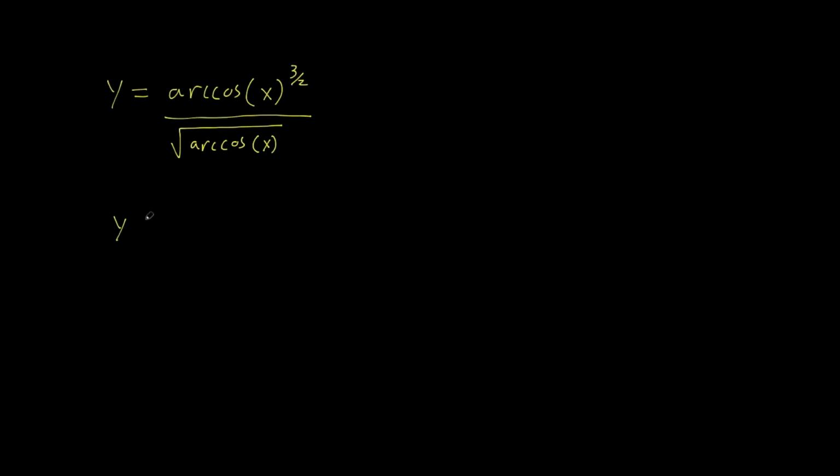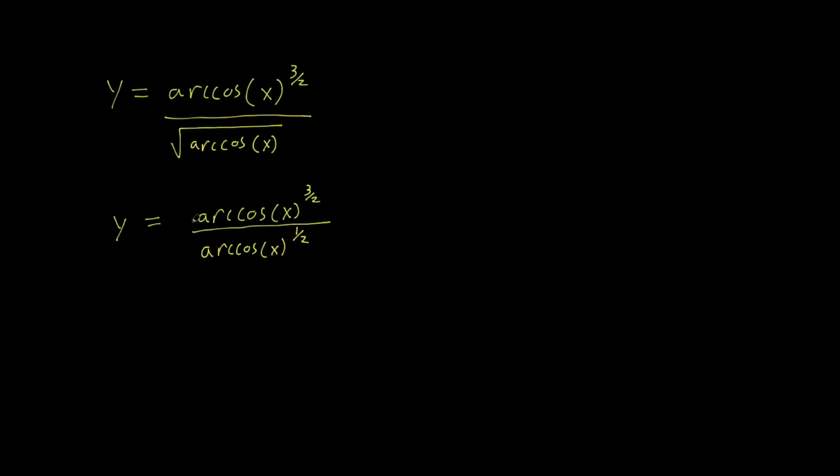First thing we'll want to do is rewrite this, so we have arc cosine of x to the 3/2 over square root of arc cosine of x, which is equal to arc cosine of x to the 1/2.